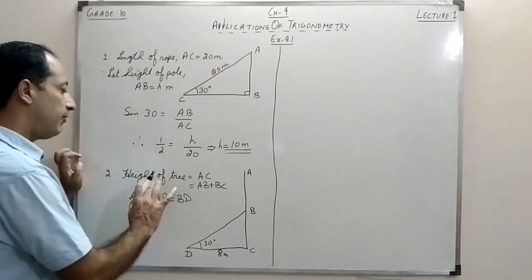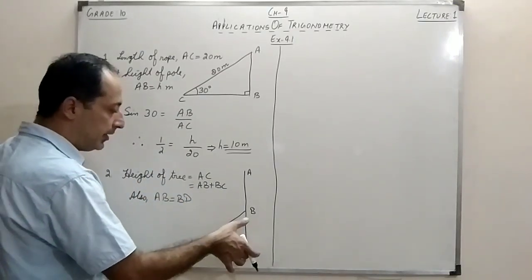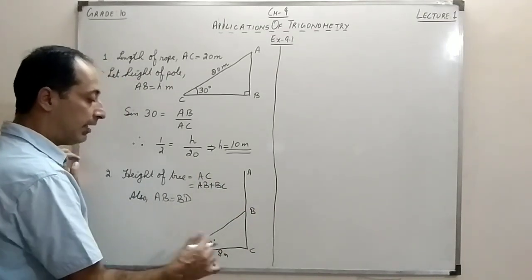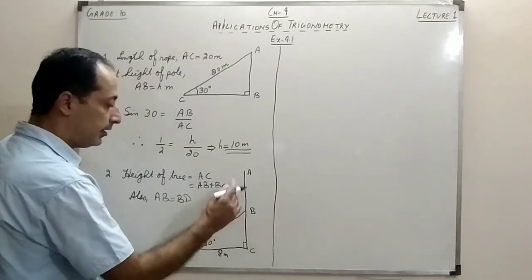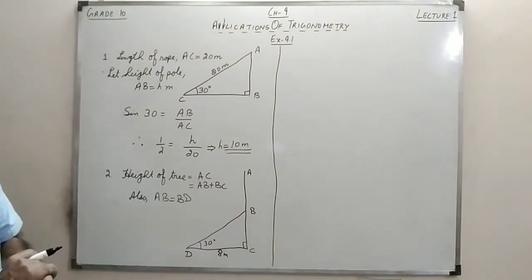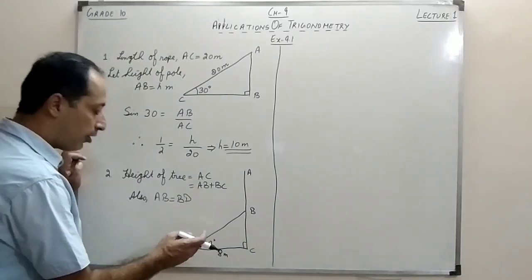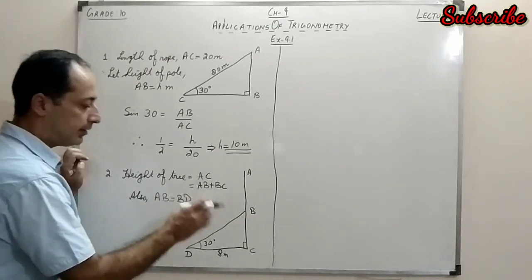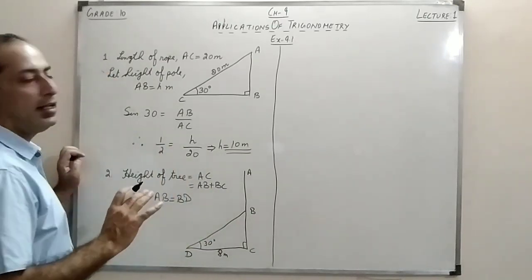Now, since I have to find the height of the tree, I have to find this BC and BD both. It means in this right angle triangle, I have to find its perpendicular also and its hypotenuse also. So, corresponding to this angle, this is the opposite side, this is the hypotenuse and this is the adjacent side.